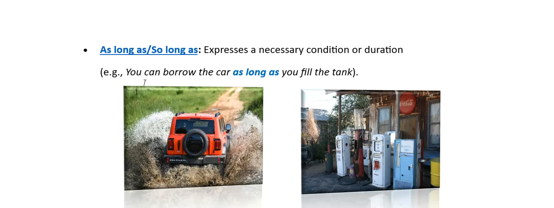For example, you can borrow the car as long as you fill the tank. It means it is a necessary condition for you to fill the tank if you want to use the car. So as long as shows the necessity of the condition. The condition must happen. You can borrow the car as long as you fill the tank.